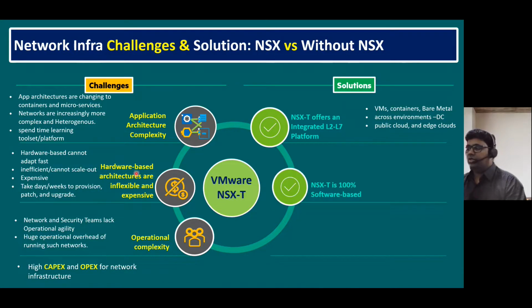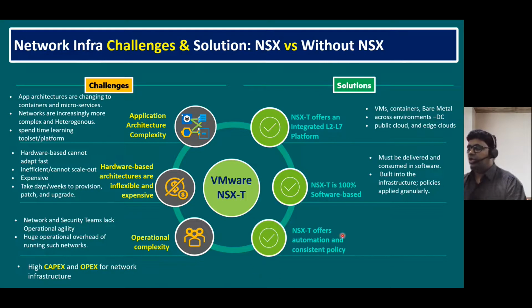Similarly, for the hardware challenge, NSX-T is 100% software based. When you have challenges with hardware-based networking, it's better to change to software-defined networking. NSX-T is 100% software based, delivered and consumed in software, built into the infrastructure, with policies applied granularly.